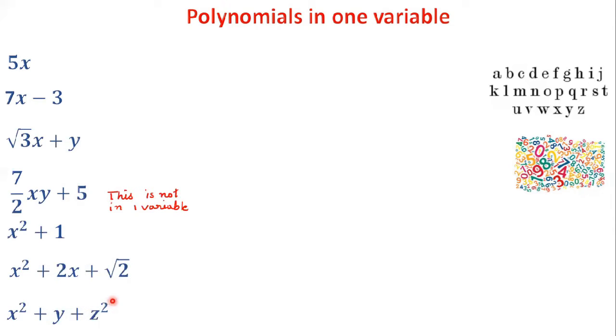It is a polynomial, but this is not in one variable. It is made of three variables. This is not a polynomial in one variable.